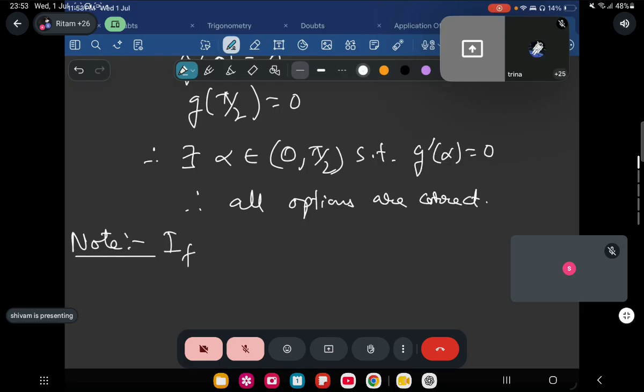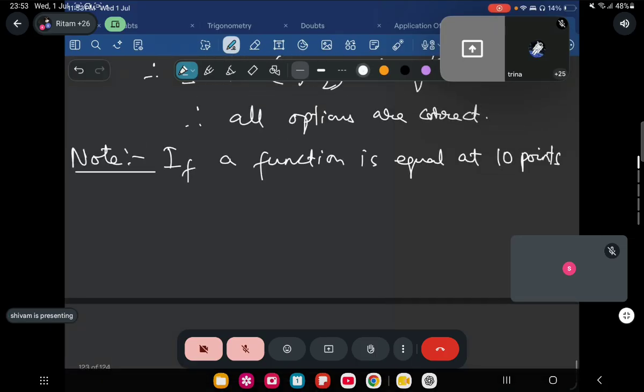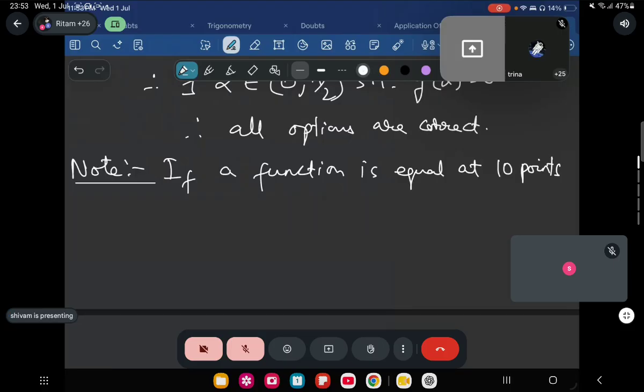Note, if a function is equal at 10 points, pay attention everyone, this is also very important. If a function is equal at 10 points, then f dash x will be equal to 0 at how many points?